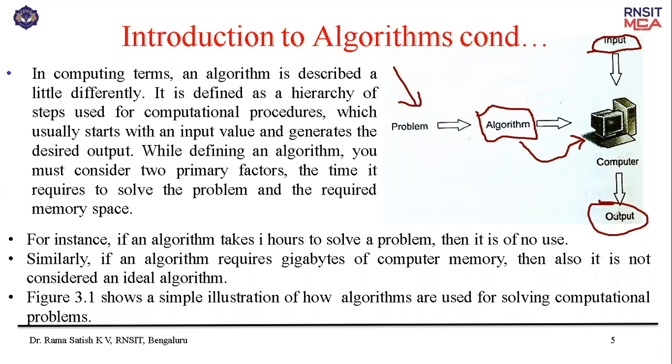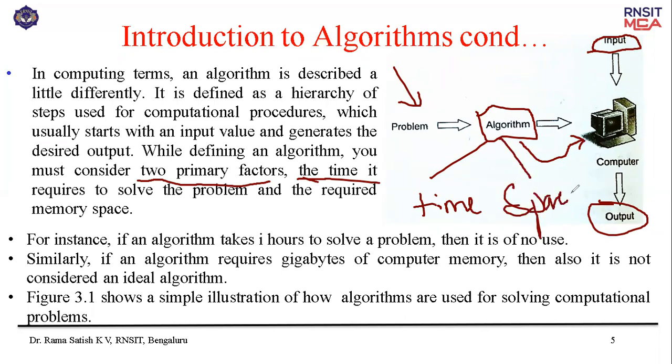But there are 2 primary factors that you should always consider. One is time, how much time this particular algorithm is going to take. The second is space, in the sense of how much memory space it is going to take.